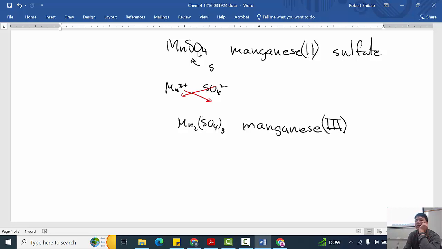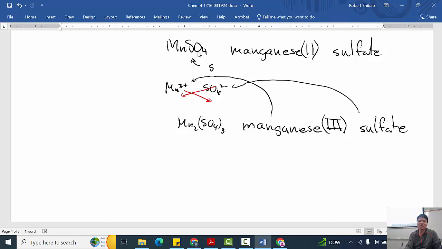We don't use tri because we can easily figure it out based on charge. We only use tri when we're dealing with binary molecular compounds. So it's just called manganese 3 sulfate. We can figure out the ratio based on charge balancing, so we don't need the prefix tri.